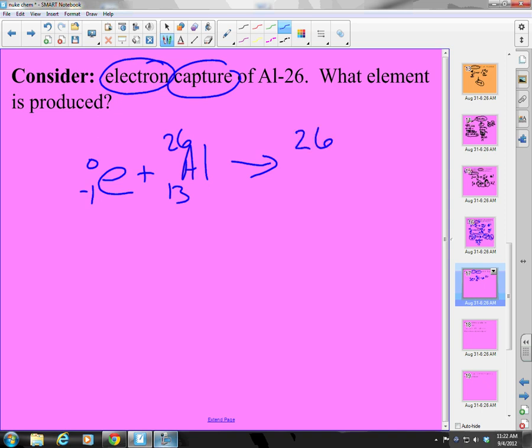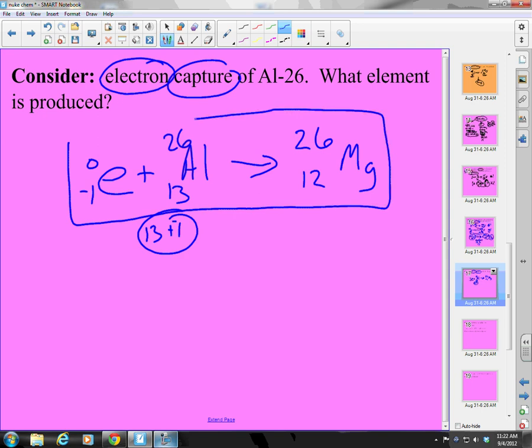I get 26, and I get 13 and minus 1, or plus a negative 1. And what comes out of that? 12. 12 on the periodic table is magnesium. There we go. That is an electron capture by aluminum 26, giving me magnesium 26.